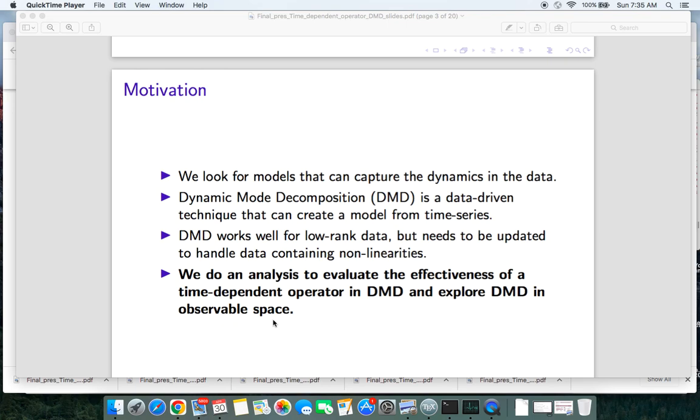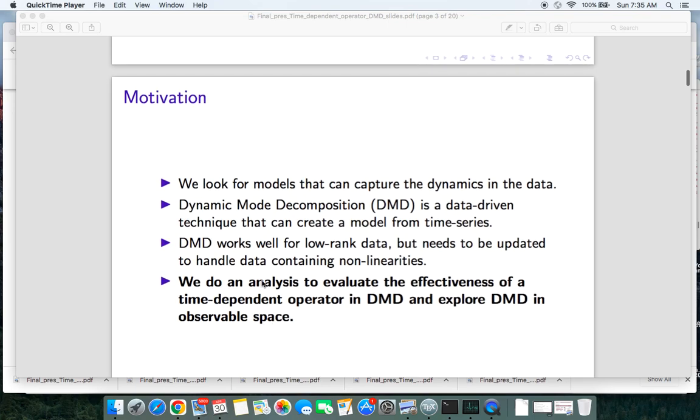So there's data all around us, and we are constantly looking for models that can capture the dynamics in the data. Basically, we want to extract knowledge from this data. Dynamic mode decomposition is a data-driven technique that can create a model from time series data.